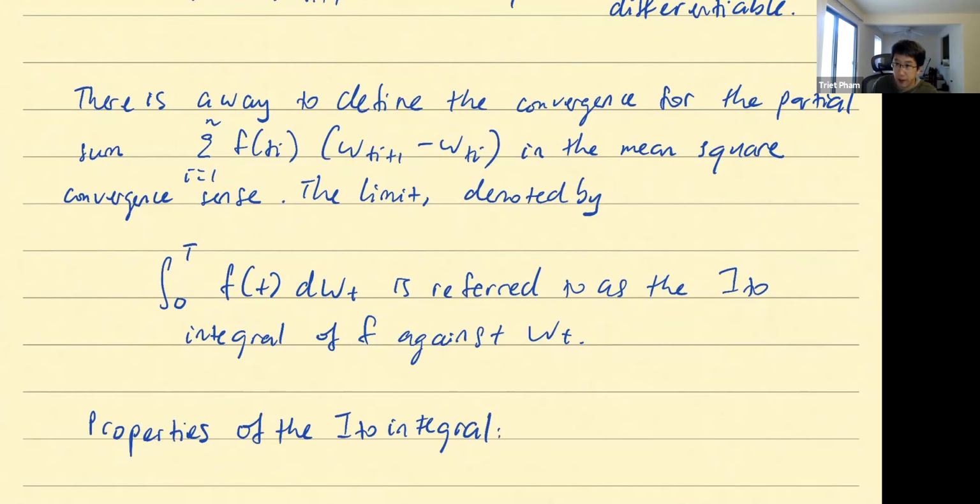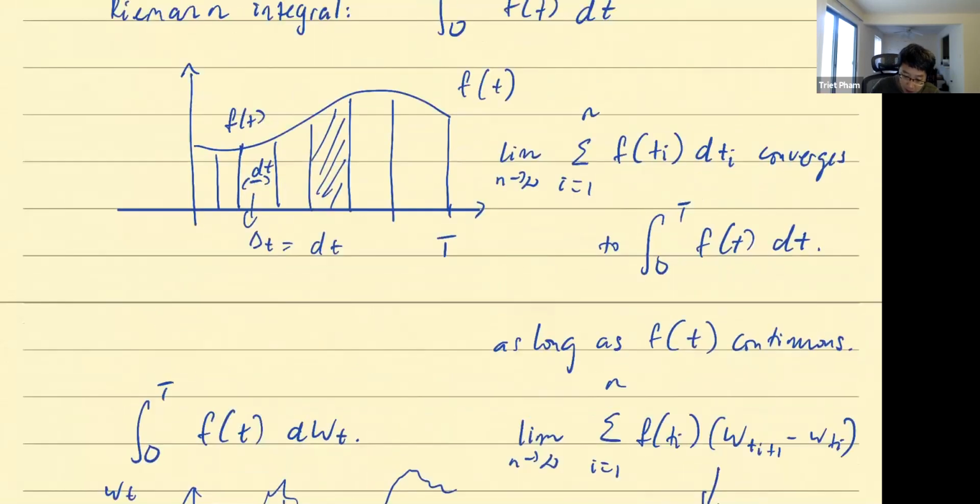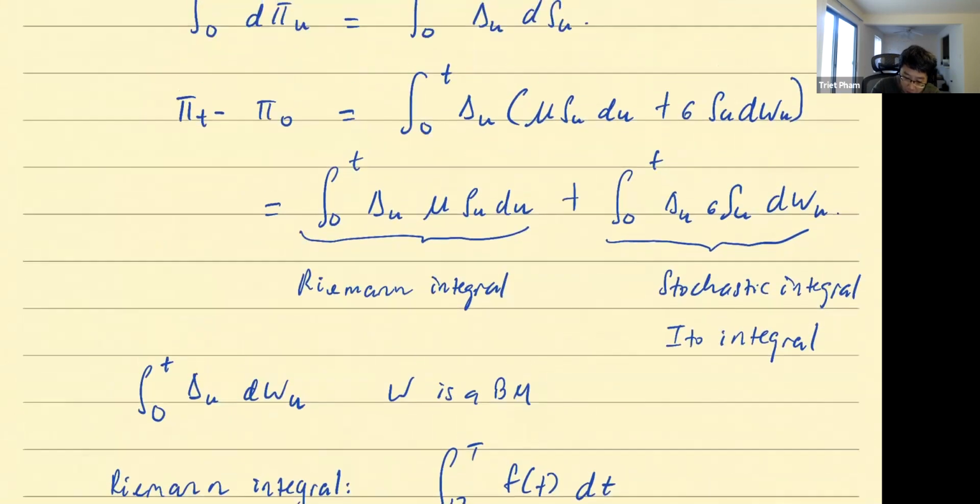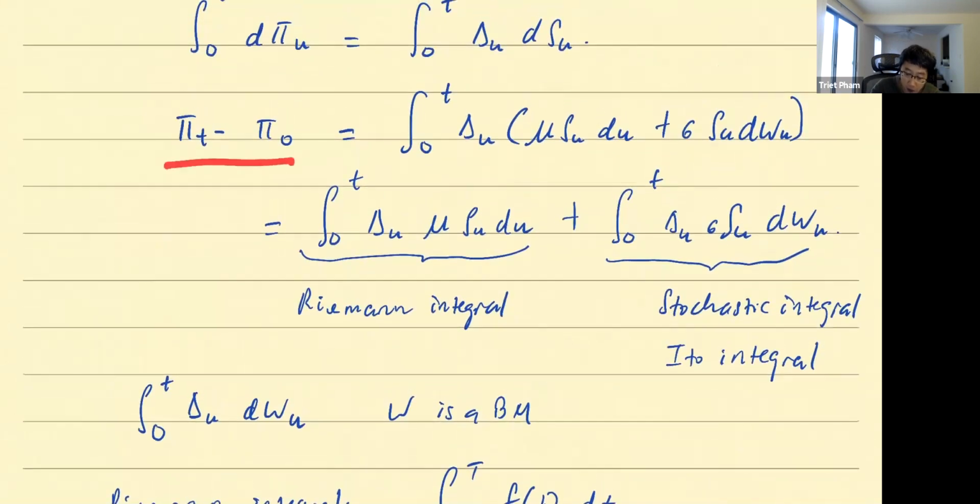First of all, let's repeat what we have in mind. If you want, take the motivation from the investment of a portfolio. We have a Brownian motion, and we have another process that comes from somewhere else, and we want to integrate one against the other.